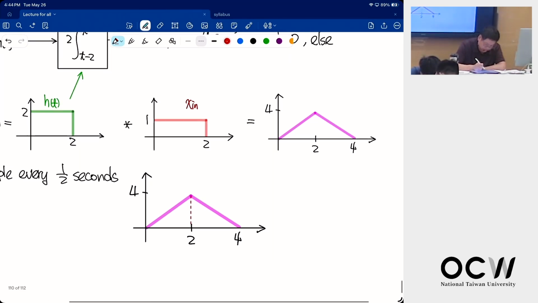Every 1/2 second, this is 1, 1/2, 3/2, 3, 1 1/2, 5/2, no, 3/2. So this is 1, this is 3.